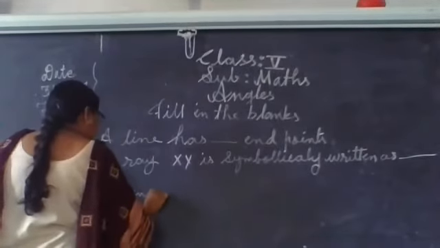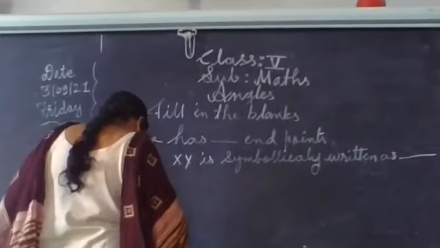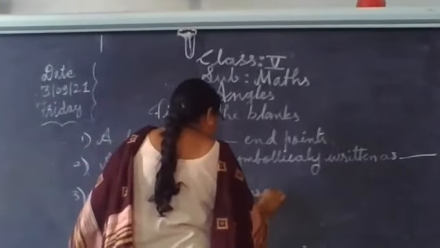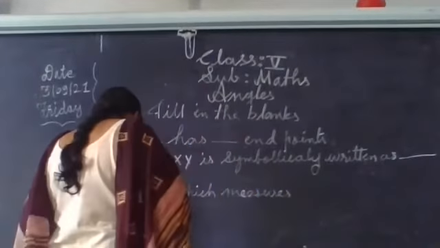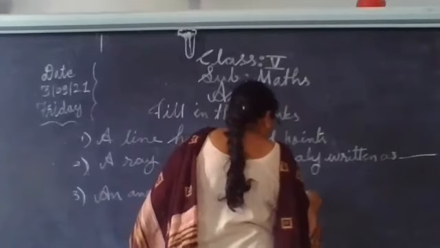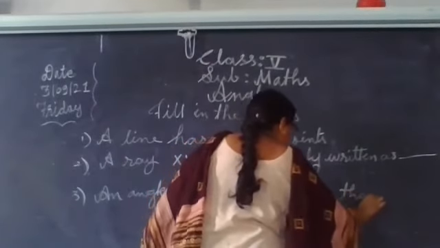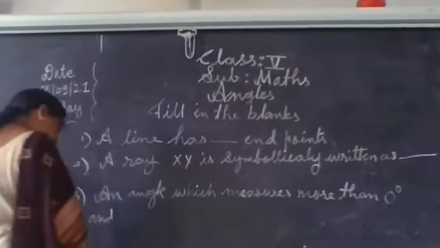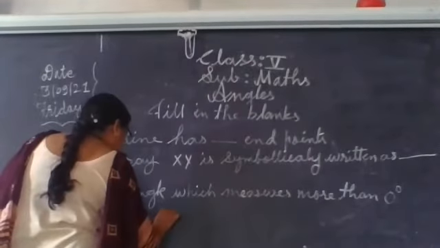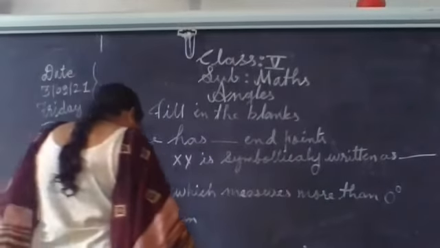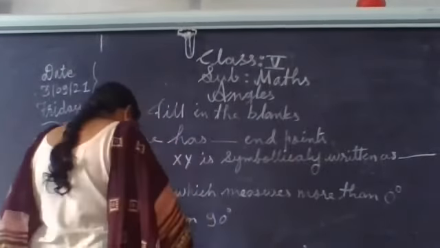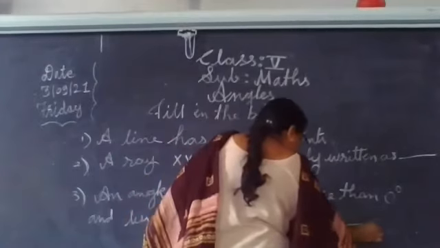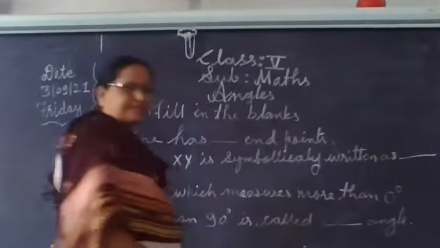An angle which measures more than 0 degree and less than 90 degree is called dash angle. Children, you have to write this in your fair copy. Okay, so let's see the first three.